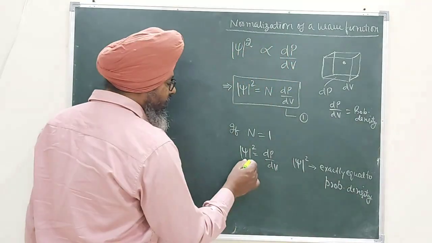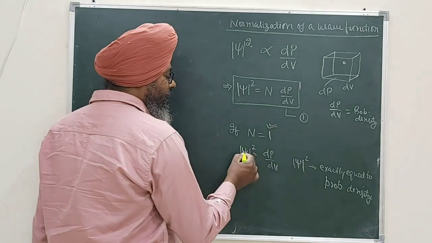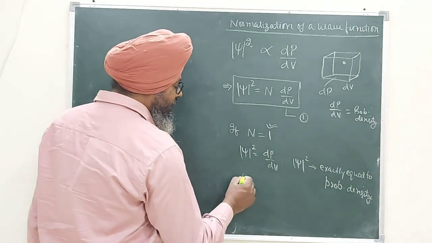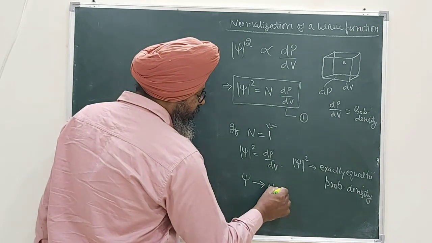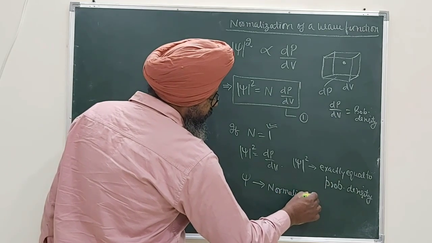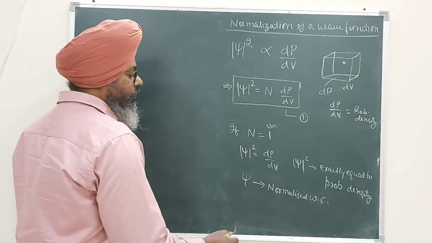In such a case, if N becomes equal to 1 and psi magnitude square exactly becomes equal to probability density, then psi is called a normalized wave function. Such a wave function is called a normalized wave function.